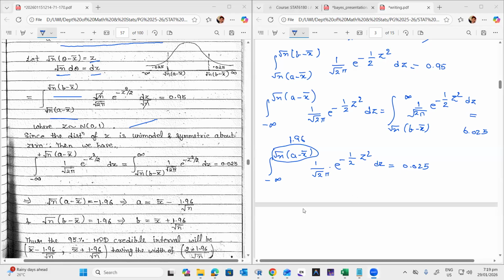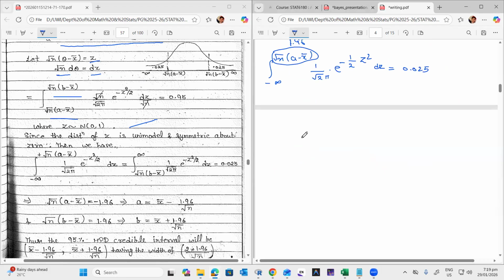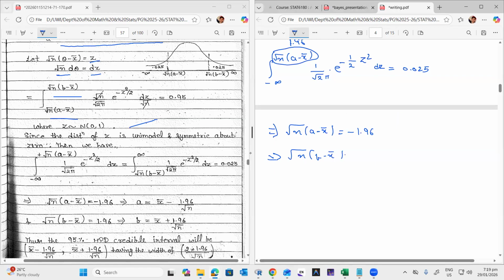So in that case, what we will do, we will keep both of them equal to: root n times (a minus x bar) equals minus 1.96, and root n times (b minus x bar) equals 1.96.